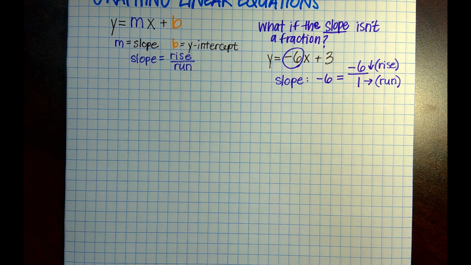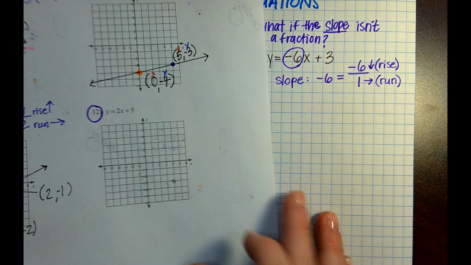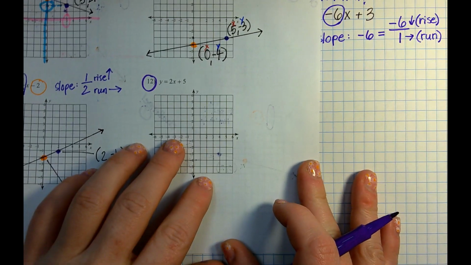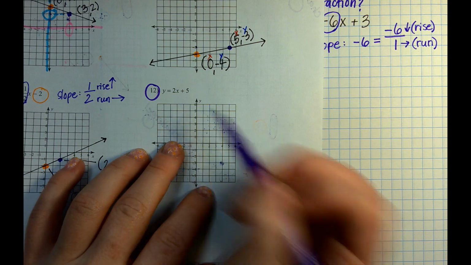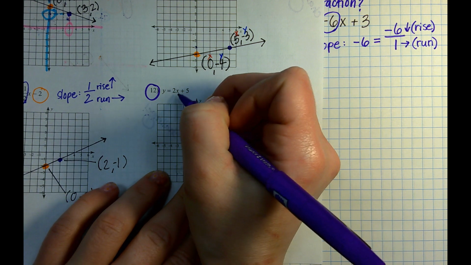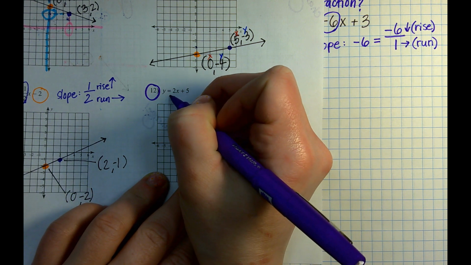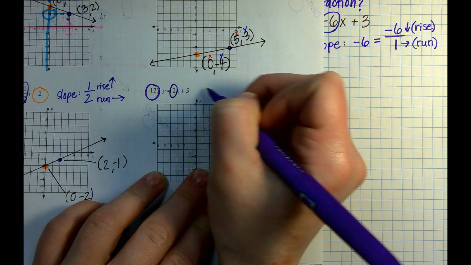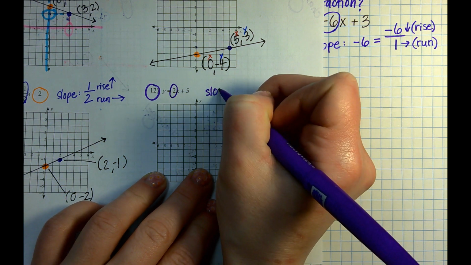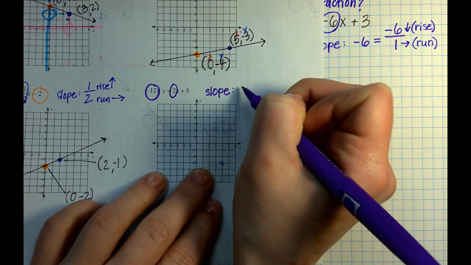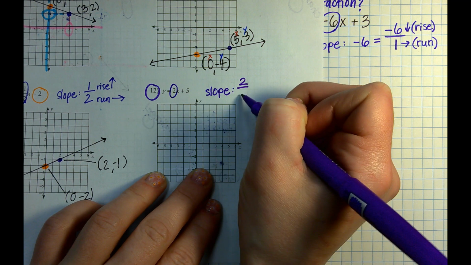Now what about, let's see, do we have another one like that? What about number 12 on the back of the worksheet? What's my slope for number 12? 2 over 1. Yes, it's 2, so we're going to change it to 2 over 1.